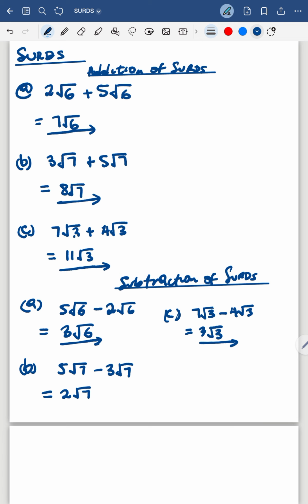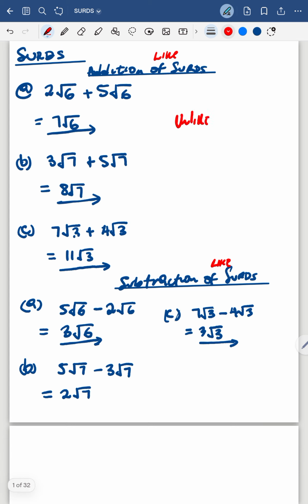Let's now summarize everything: addition of like terms, subtraction of like terms. Now let's say these are unlike terms. If they are unlike terms, you keep them the same.